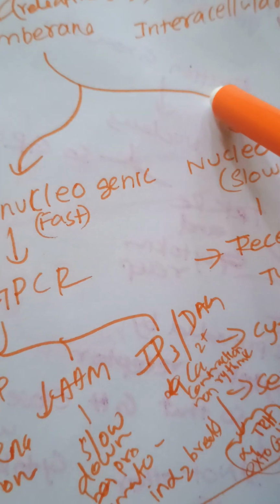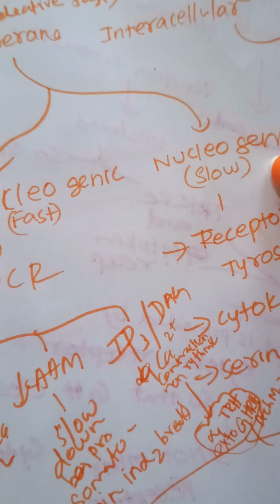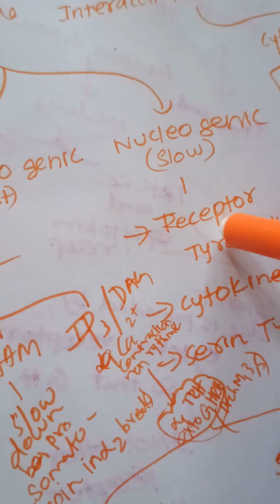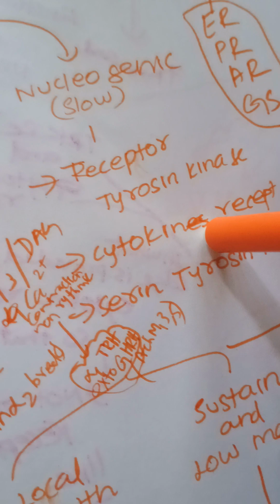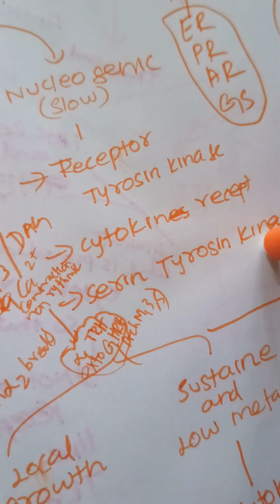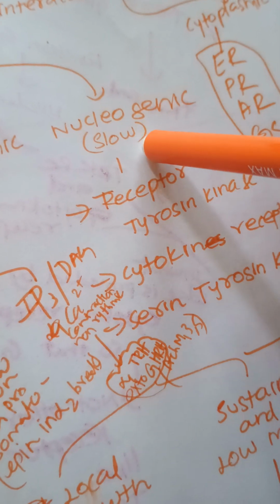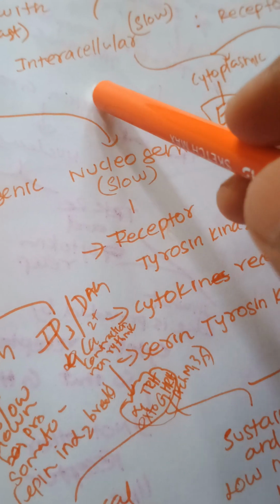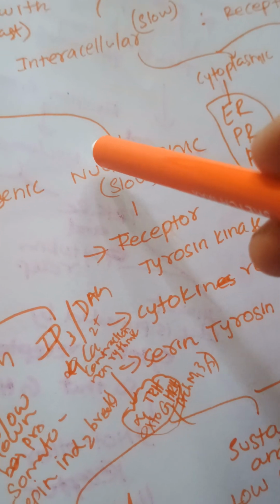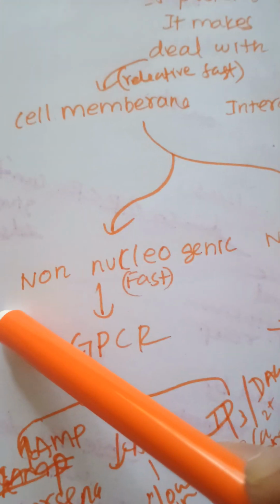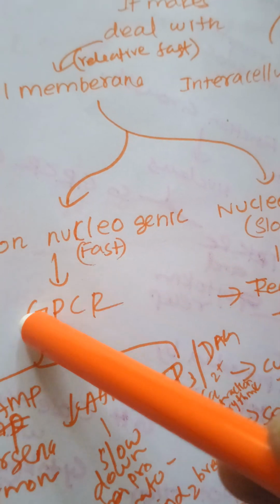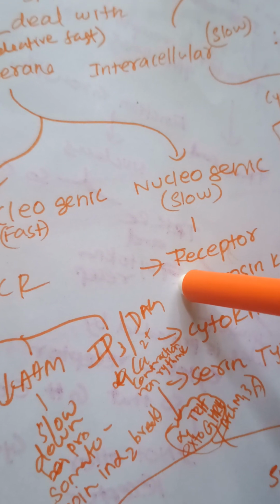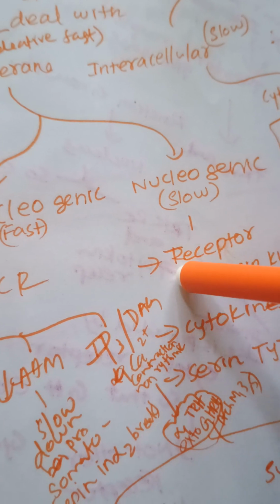There is another kind of receptor also, the non-nucleogenic. Non-nucleogenic receptors are like tyrosine kinase, cytokine receptor, serine tyrosine kinase receptor. They act relatively slow, not as slow as intracellular receptors, but relatively slow when compared to receptors like GPCR.